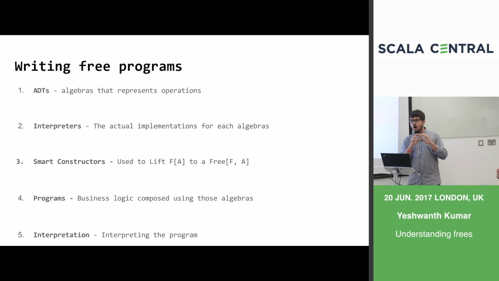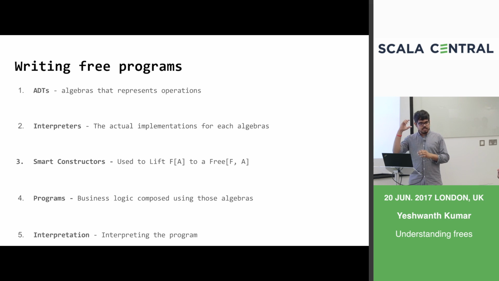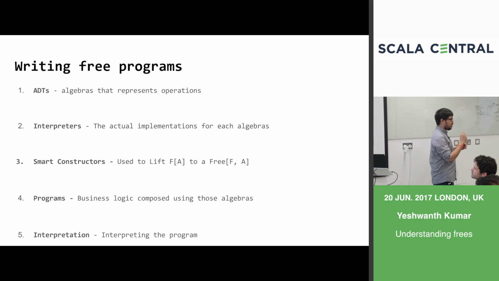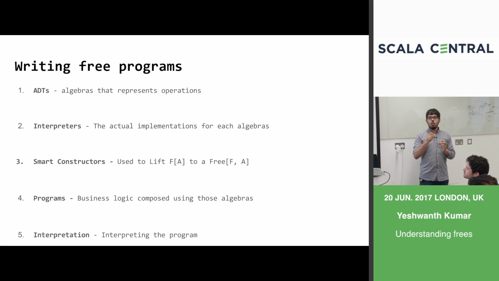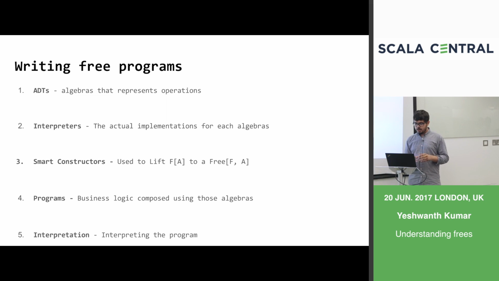You have certain operations that you would do in your software, and you define them as case classes. So you define your ADTs. And you have your interpreters, where you define your implementation of what you want to do with those specific case classes. We'll look at it with sample code.